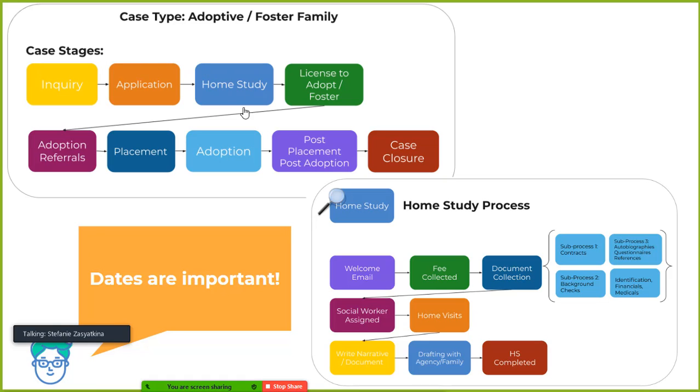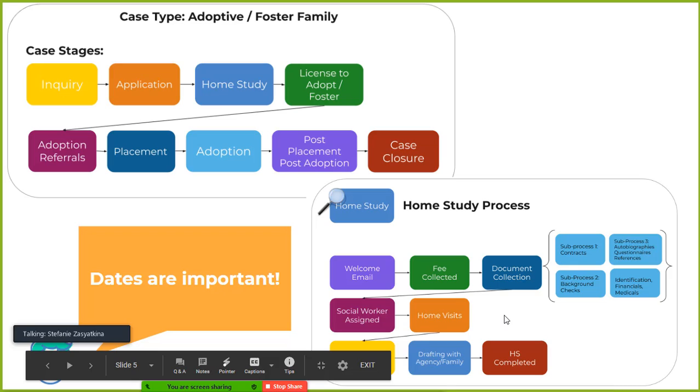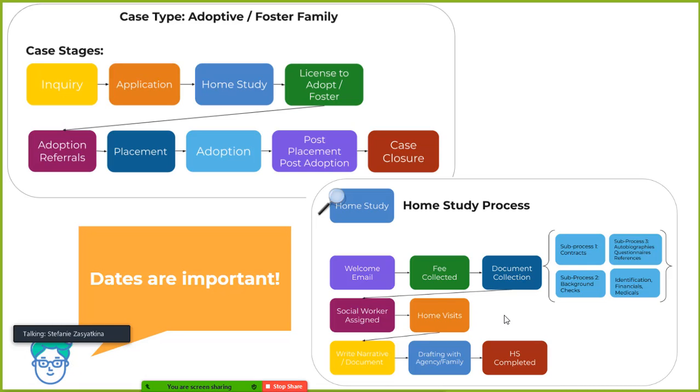But some of your stages, particularly this home study stage, or this home study to licensing through adoption referrals, for some of your programs can take years. And so some of your processes within that repeat, where you may, like the home study, actually have a more complex process in there.